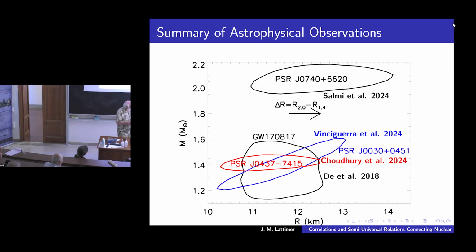But anyway, so this is a summary then of the three recent measurements of these three objects, in which the error bars have been reduced by about 50% from the measurements that were first made about 2 or 3 years ago. And this system, J0437, is newly measured, for which the radius has been measured more precisely, and for which the mass is fairly well known from pulsar timing.